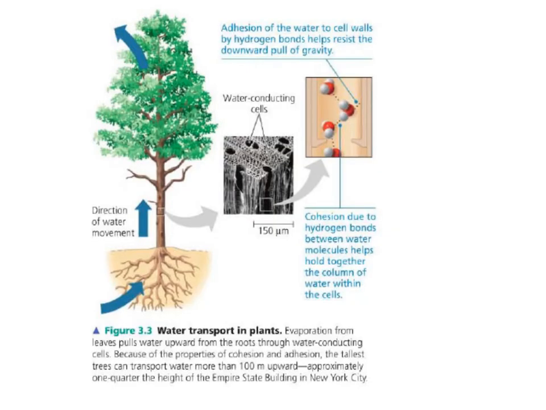In this picture you see water molecules that can be attracted to this xylem and phloem. There are some kinds of water-conducting cells in the stem and roots of plants, actually called xylem.